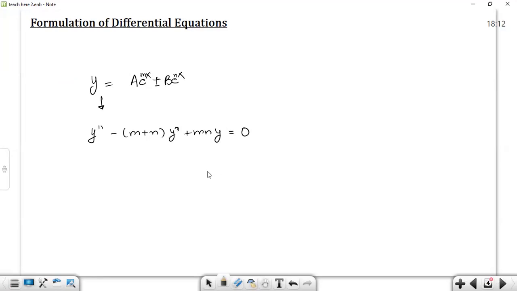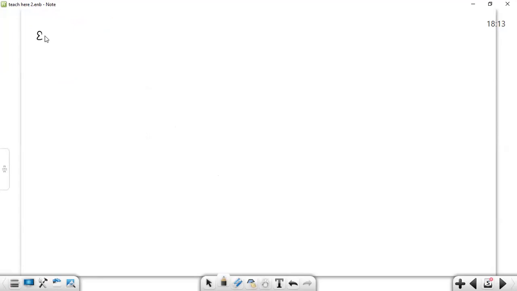Yes, sir. Let's solve some examples. Example, given function y equals a e raised to power minus 11x plus b e raised to power minus 3x. So according to our trick, the differential equation should be y double dash minus (m plus n) y dash. What is m and n?